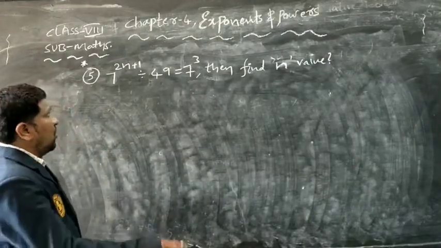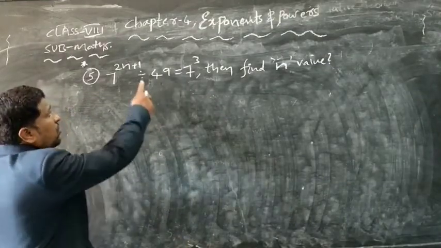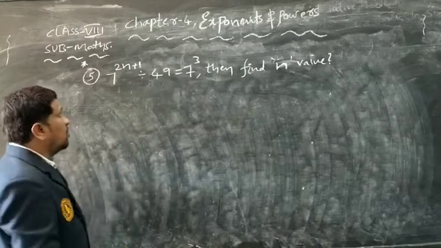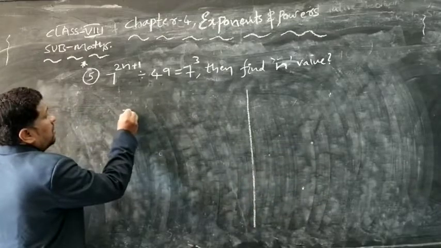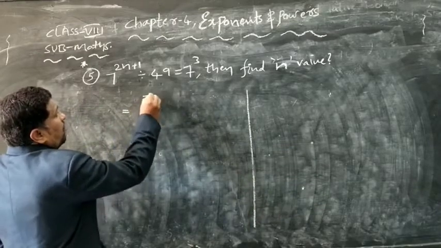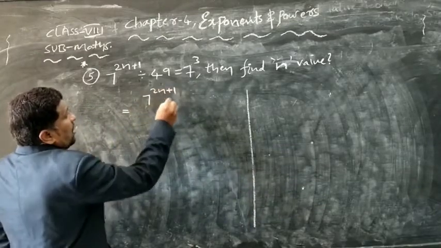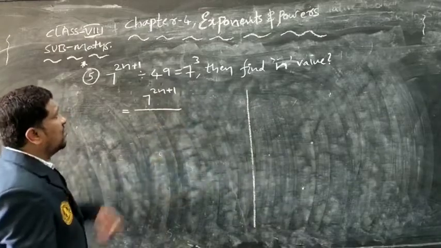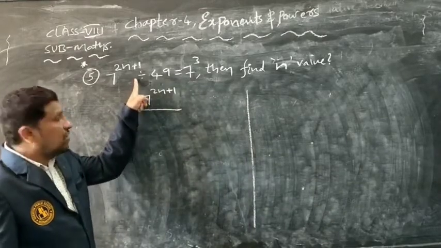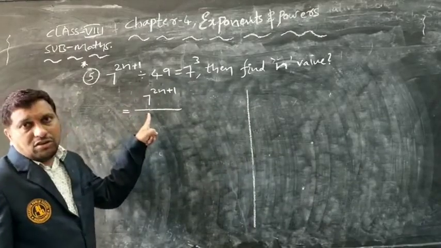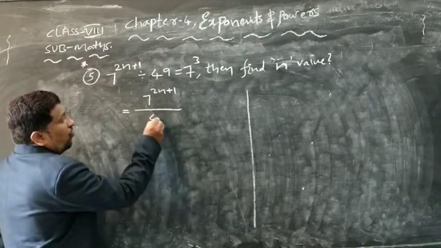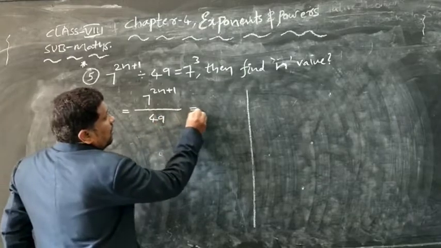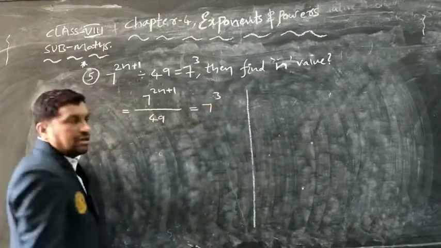First step, we have to remove the divided symbol. 7 to the power of 2n plus 1 divided by 49 is equal to 7 to the power of 3.